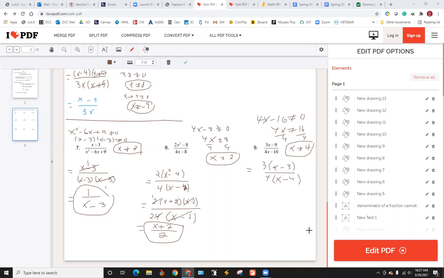There's nothing common between x minus 3 and x minus 4, right? So that's all you can do. That's the factored form. If they say to put it in a factored form, then that's it. But it would be the same thing as here. But you're still going to have to say what the denominator can equal to.